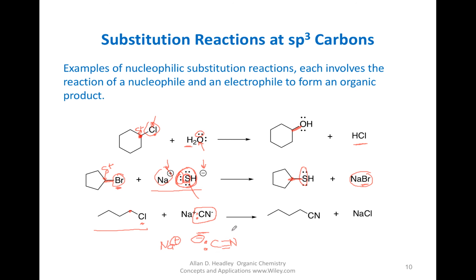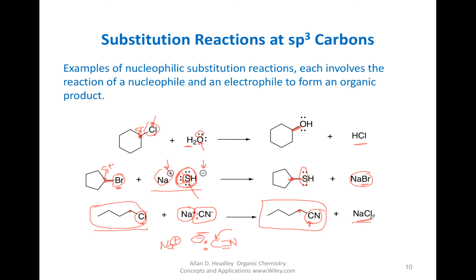But the bottom line is this carbon here is the nucleophilic carbon of the cyanide salt. So as you expect, you'd form a bond between this carbon of the cyanide bonded to this electrophilic carbon of the electrophile. So this is your organic product, and the inorganic product, as you can imagine, is the sodium bonded to the chlorine to form sodium chloride.